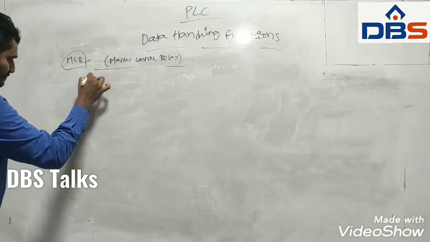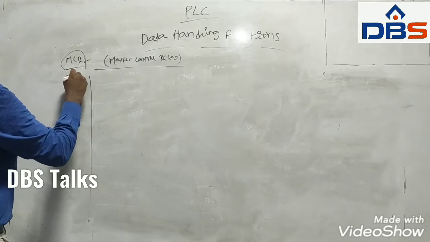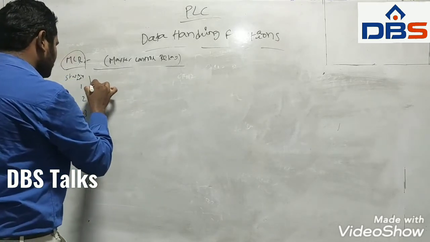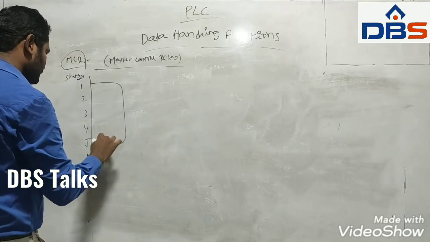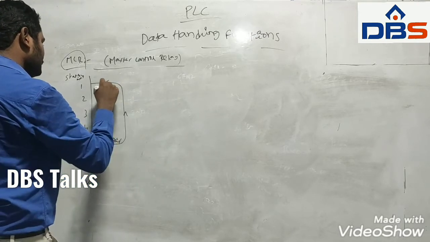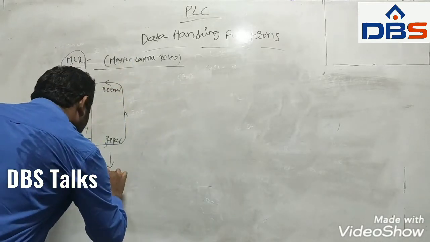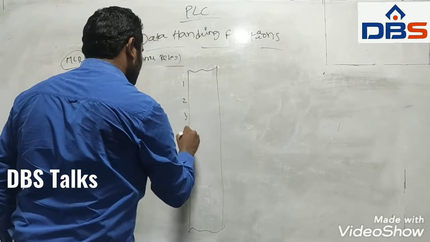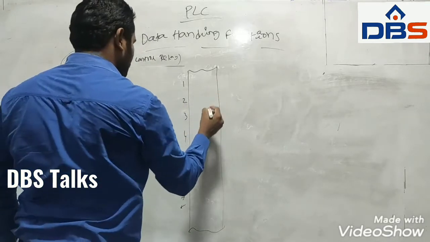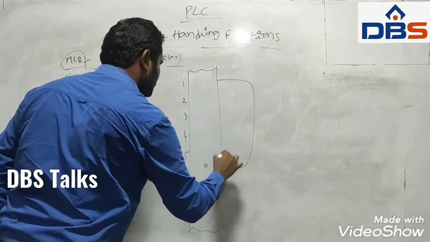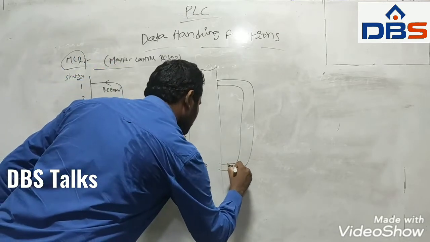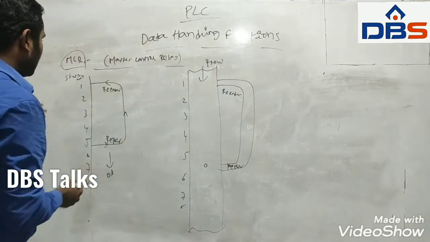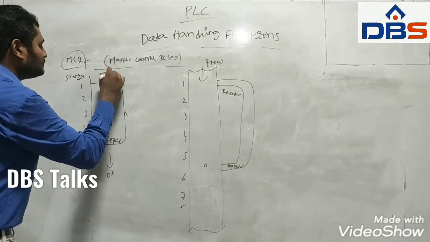Here I am also taking the same station numbers: 1, 2, 3, 4, 5, 6, 7 and 8. So here I am taking 8 stations.